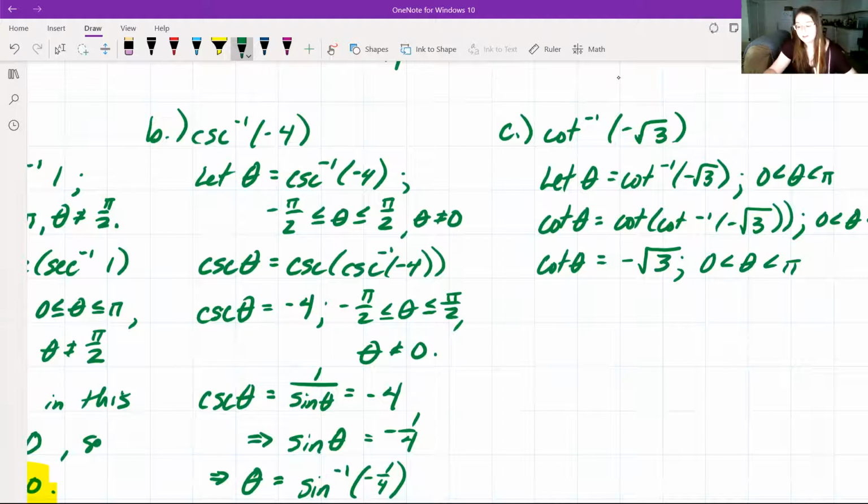And now that we have this, there's only one value in our interval that would give us this value here.